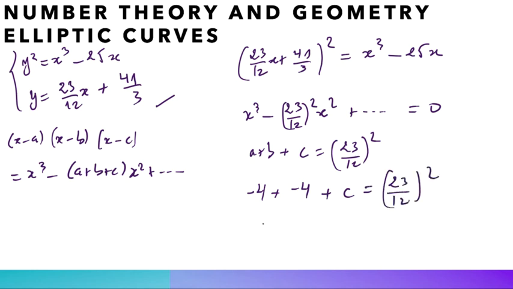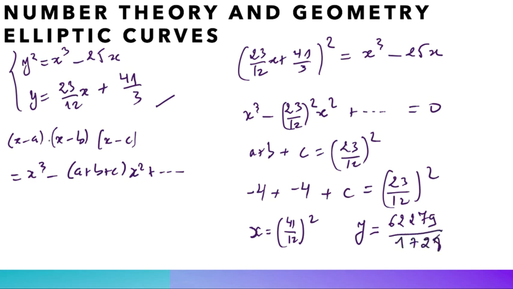And after a straight calculation, one gets that the third root of our polynomial is c equals 41 divided by 12 all squared. Oh, actually I should have denoted this x. And if we plug this third root into the equation of the line, one gets y equals 62,279 divided by 1,728.